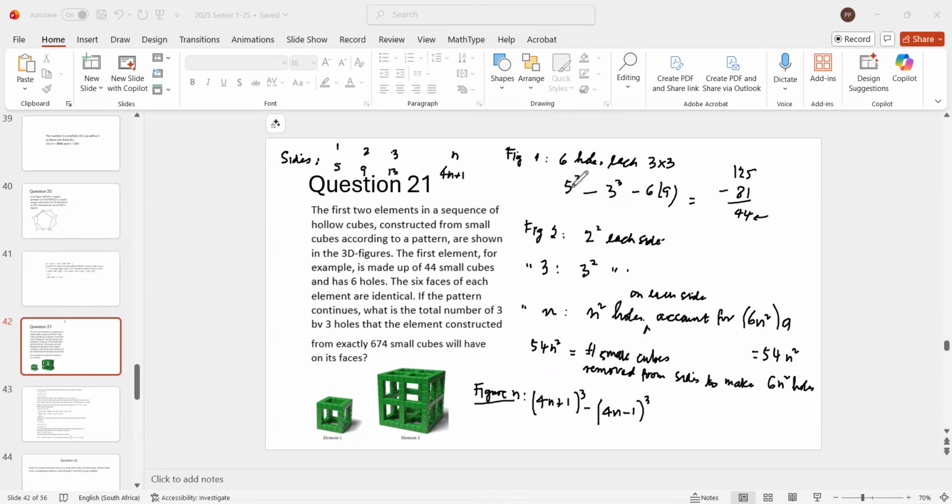We had to remove 2 on the edges to get the inside cube. So now this is the solid cube minus the hollow. So this gives you the whole surface here. But from the surface, we must still remove these 54n squared small cubes which are removed from the sides, right, to make the holes.